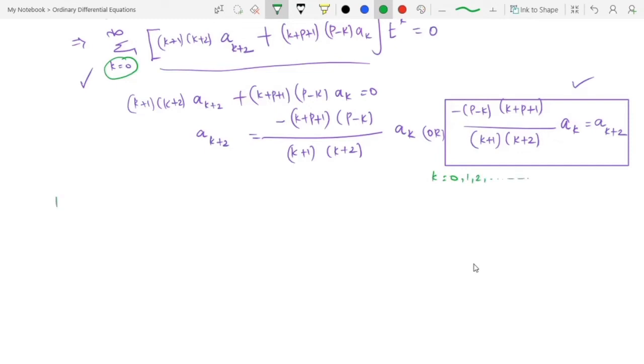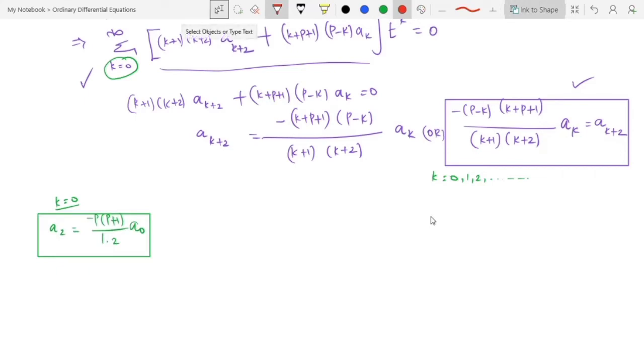Replacing k by 0, we get a2 is equal to -p(p+1) divided by 1 into 2, a0.